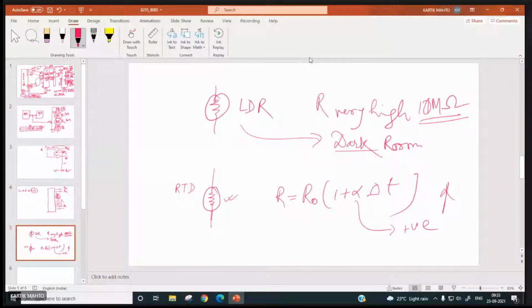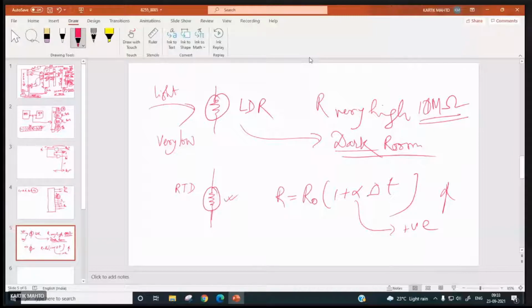And if light falls on it, then its resistance becomes very low. Similarly, temperature increases, RTD resistance increases, right?